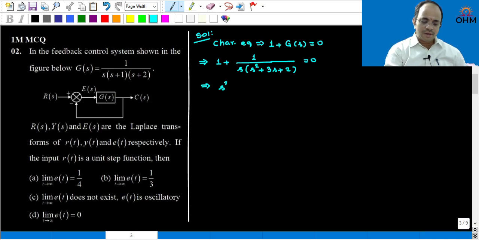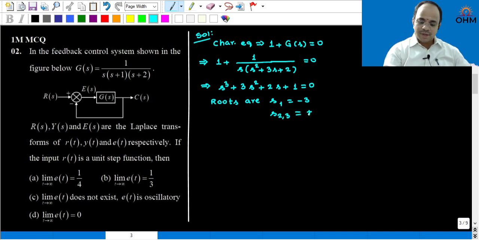Now, s cube plus 3s square plus 2s plus 1 is equal to 0. Now, for this particular characteristic equation, you can easily find out that there will be 3 roots. One root is at -3 and the remaining 2 roots are at plus or minus j root 2.